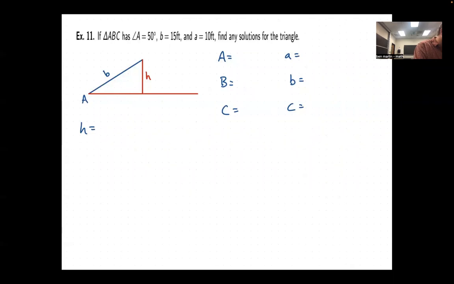So we're going to say 15 times the sine of 50 degrees. 15 times 50 sine equals, I'm getting 11.491.